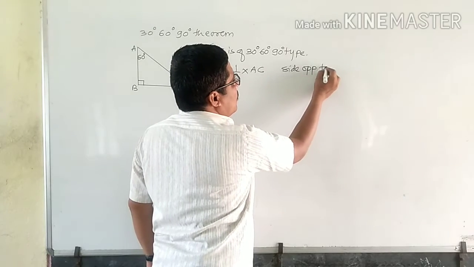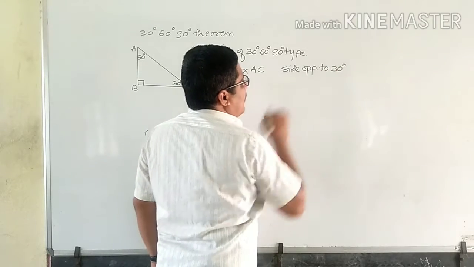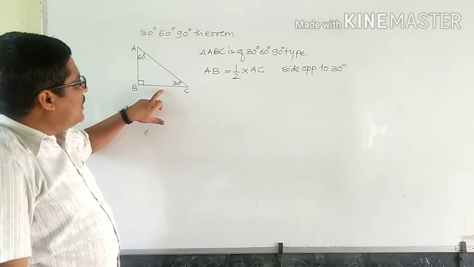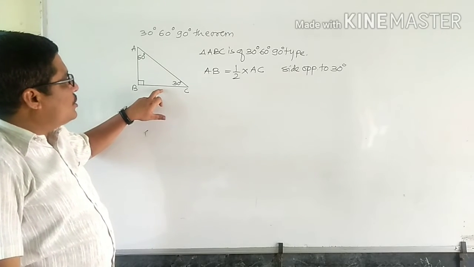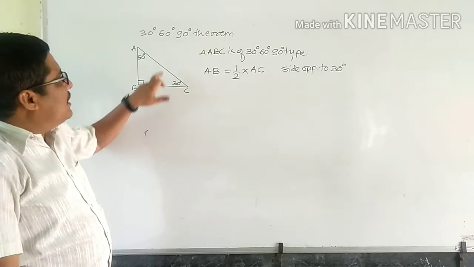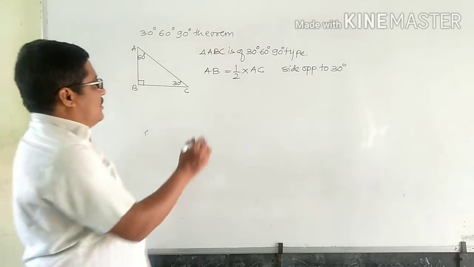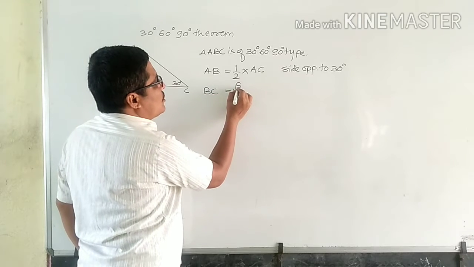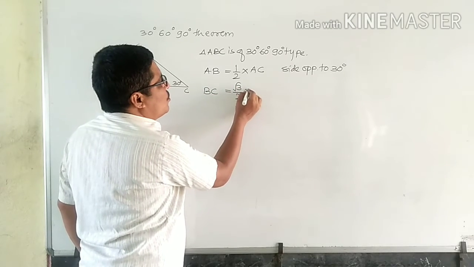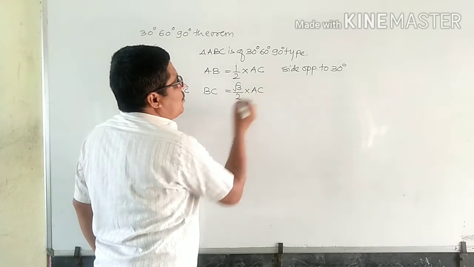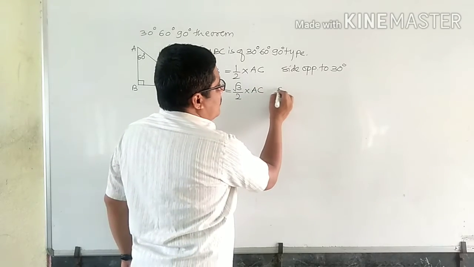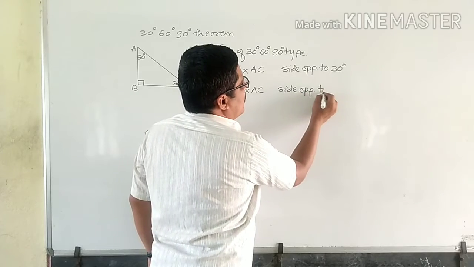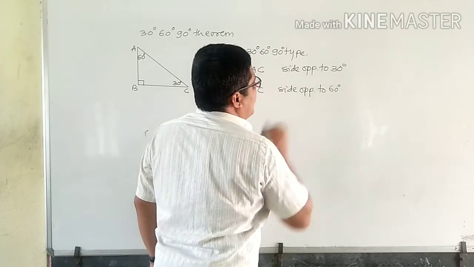Opposite to 30 degree, and the side opposite to 60 degree is root 3 upon 2 times the hypotenuse. That means BC is root 3 upon 2 times the hypotenuse.